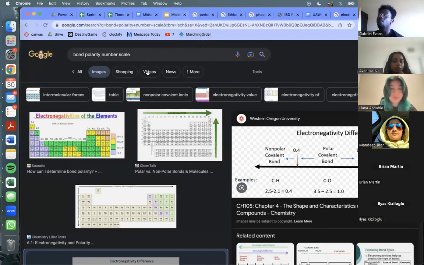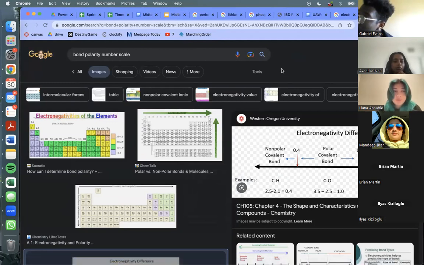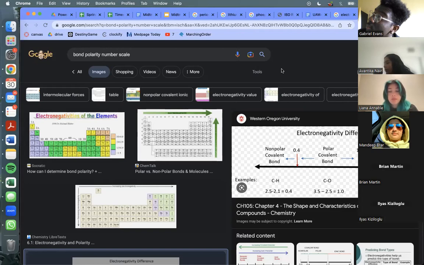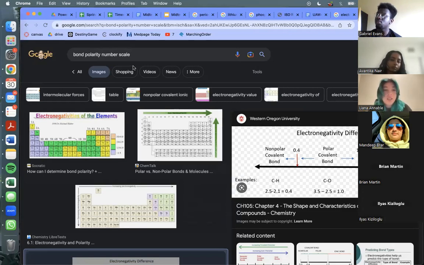Do you folks remember, I don't know if she'll even give something like this on the test, but if it's on the border between nonpolar covalent or polar covalent and ionic, do you remember what the determining factor was? Yeah, the rule of thumb is round down.